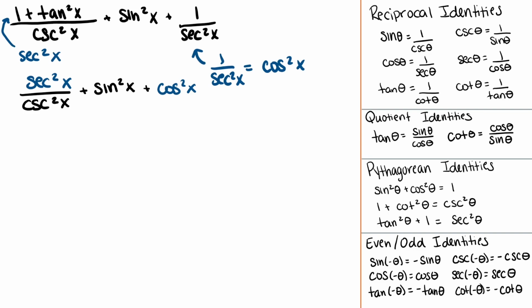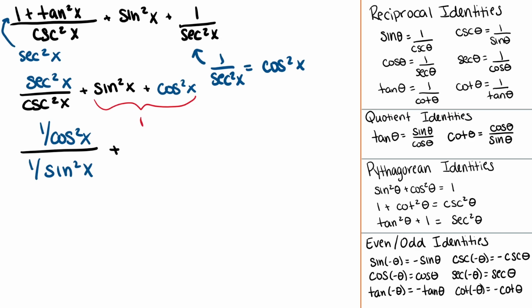So now secant is 1 over cosine, and cosecant is 1 over sine. So we'll rewrite this expression here as 1 over cosine squared x over 1 over sine squared x. And then sine squared x plus cosine squared x is equal to 1, so we'll add 1.